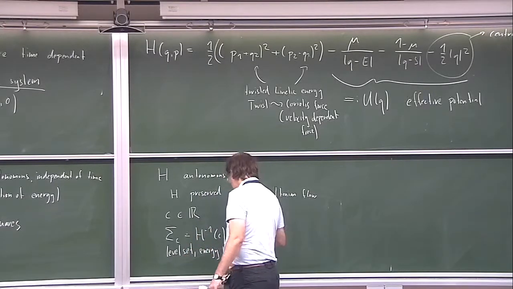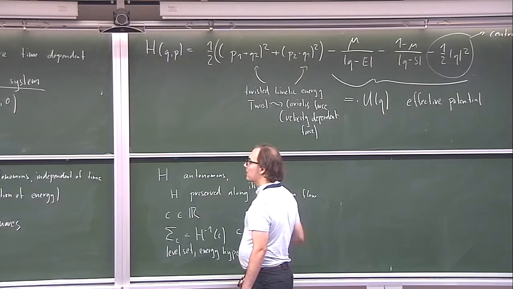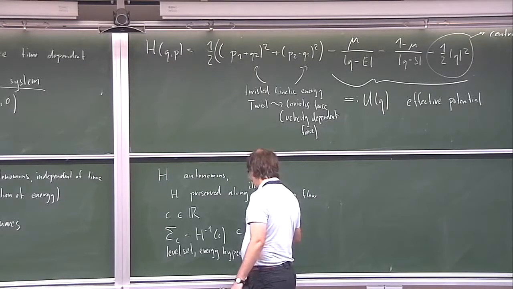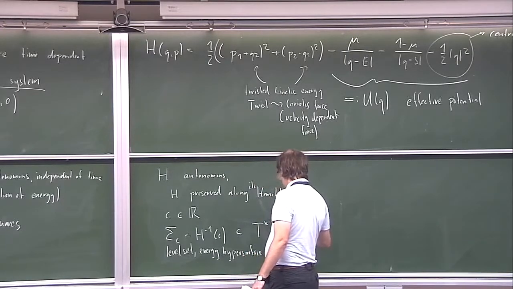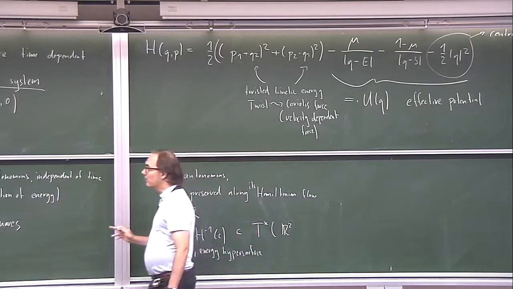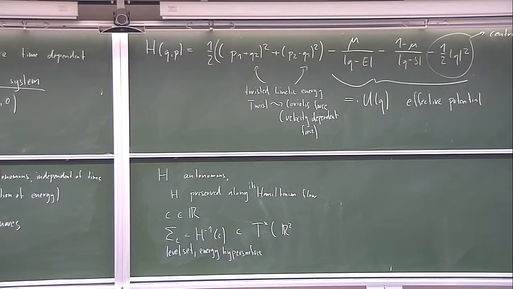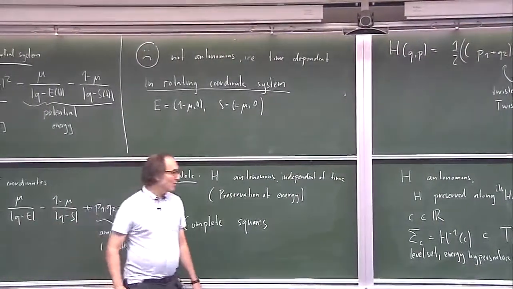This is a hypersurface in the cotangent bundle. The configuration space is the whole plane except E and S, where the Hamiltonian is singular.